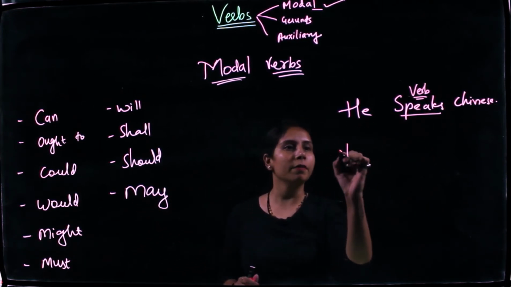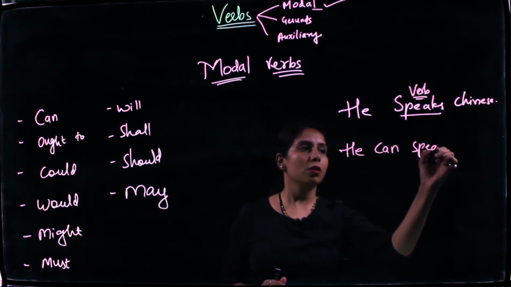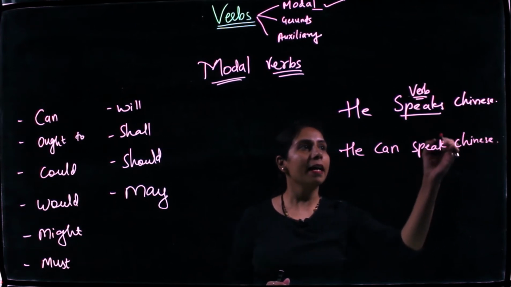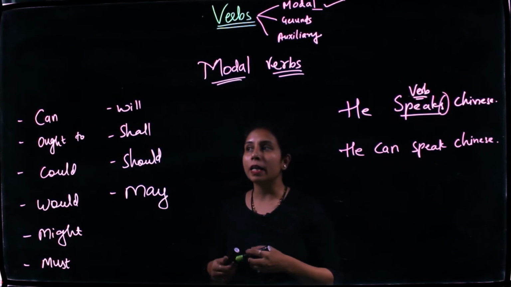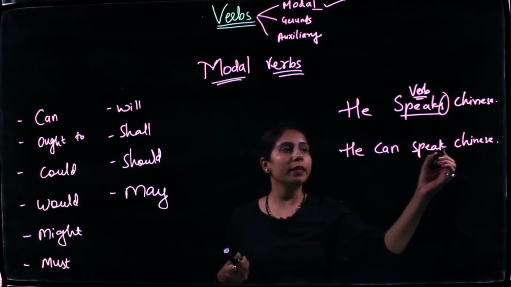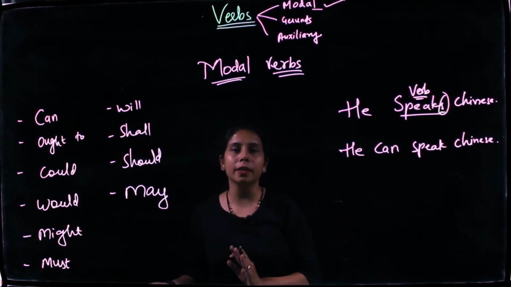So what I would give, he can speak Chinese. Now in this you can see I did not add S to the speak. Why did I not add? Whenever the modal verb comes into the simple present tense, we do not put S into it. We use the basic form without S.